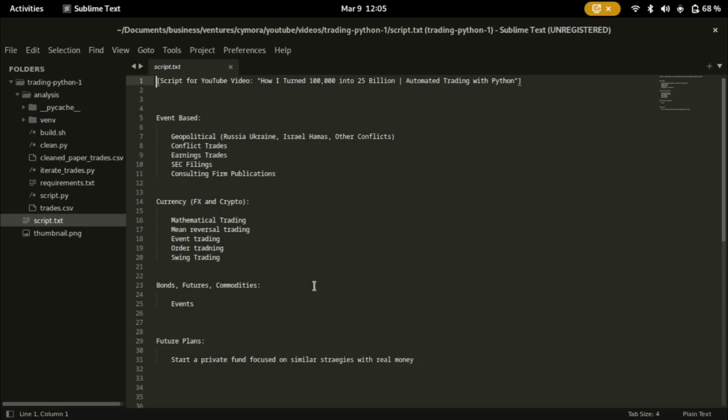As of yesterday, I opened a private fund to conduct similar strategies with real money. I won't really document the gains and losses in that particular fund, but I wanted to make a video to show that you can practice trading and then get into legitimate trading later on.